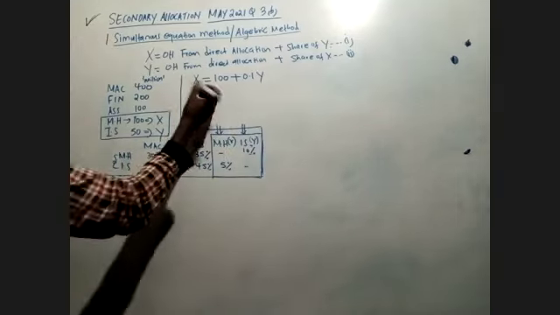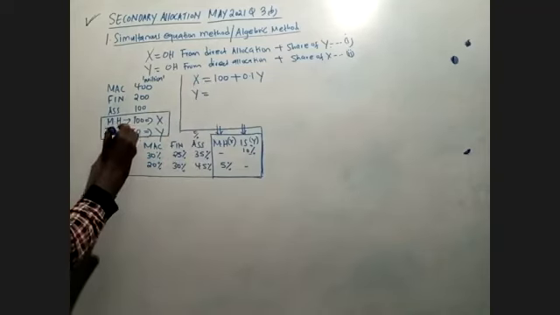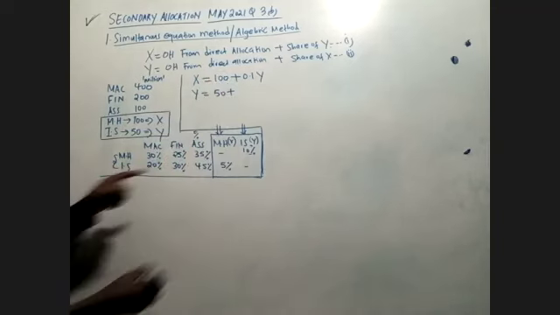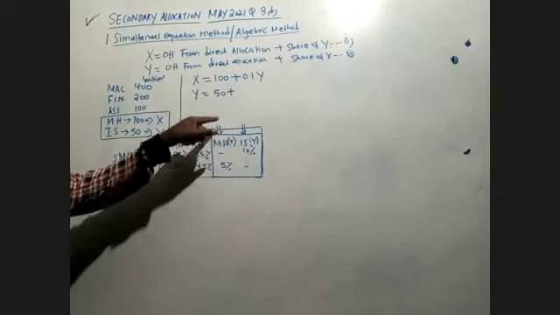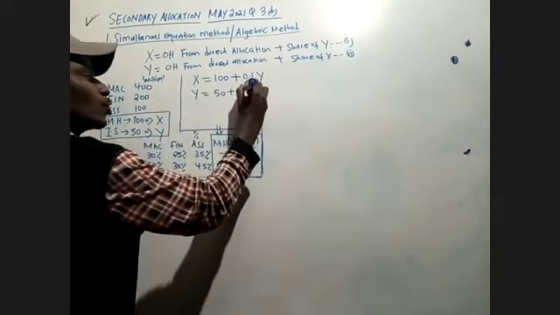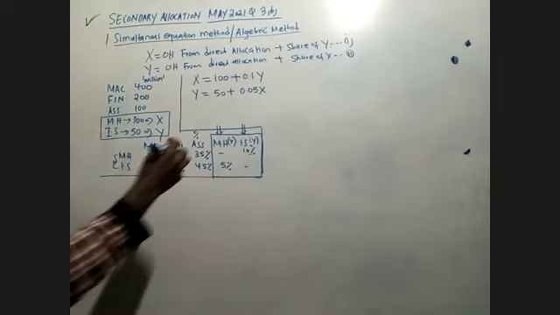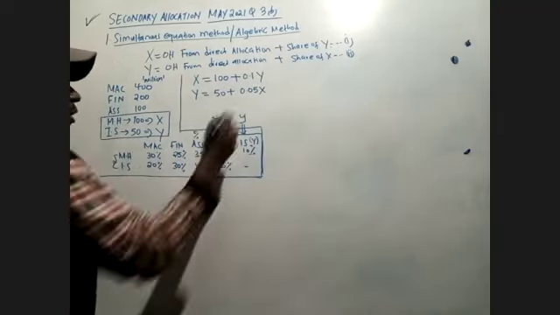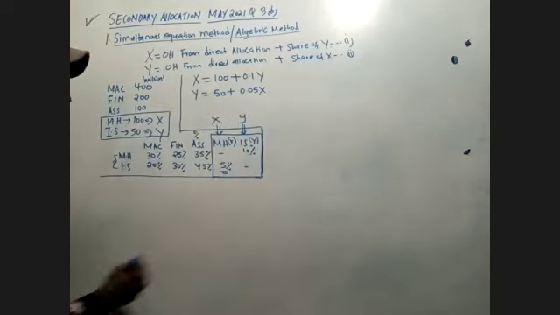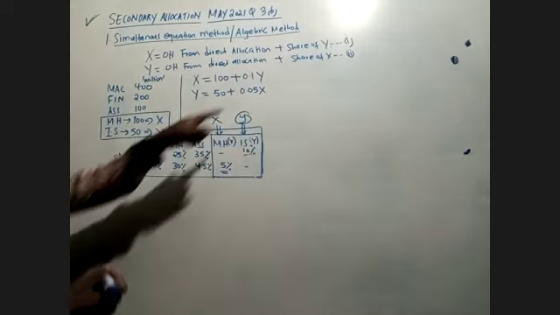Kuja next the y, the direct allocation ni 50 plus unakuja hapa, what's our x? Share of x 5%, which is 0.05 x. So unakuja tunaangalia hapa juu, this one is x, this one is y. So tunateremka chini, share of x ni hii 0.05, share of y 10%, which is 0.1.